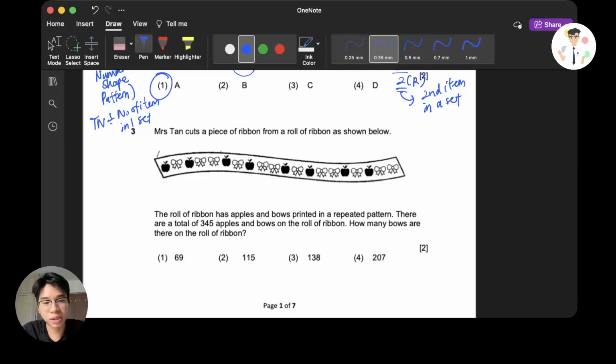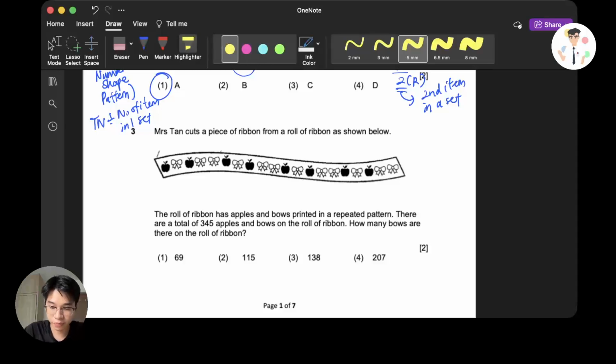There are a total of 345 apples and bows on the roll of ribbon. Now, just a reminder, when you see the words 345 apples and bows, it means that the apples plus the bows added together is 345. How many bows are there on the roll of ribbon?